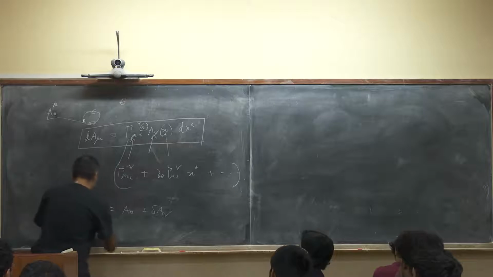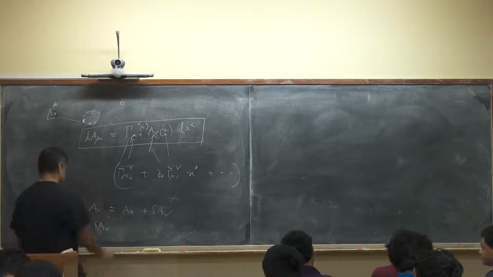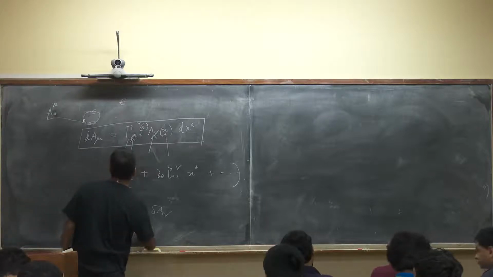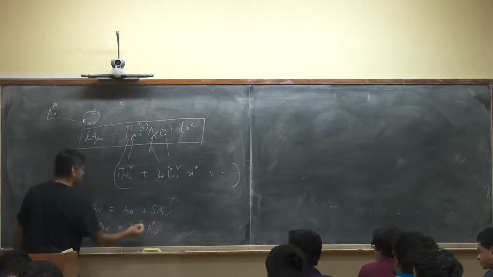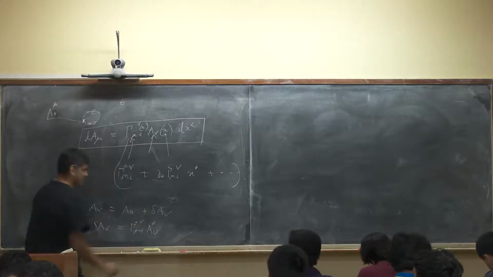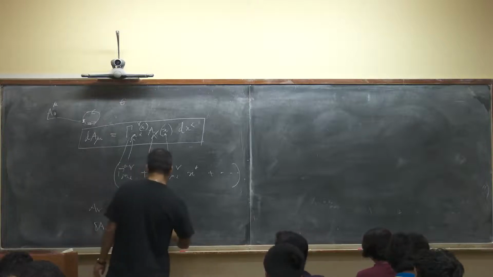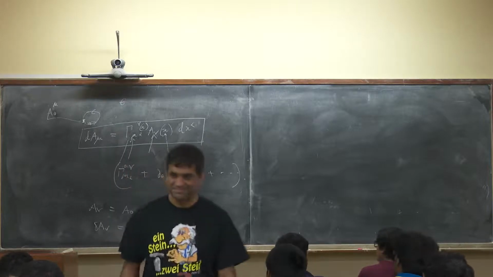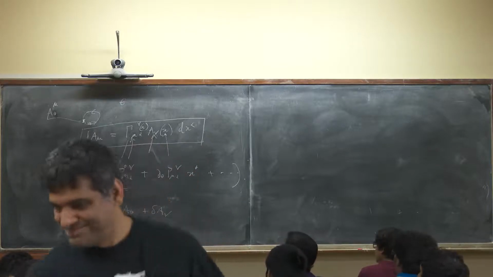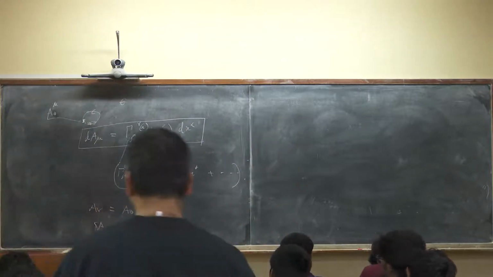It gives us that delta A nu at order epsilon is equal to gamma mu alpha nu A nu 0. All this, let me call this 0 also, just to be consistent with relations. Constant. Okay? Times x alpha. Is this clear?